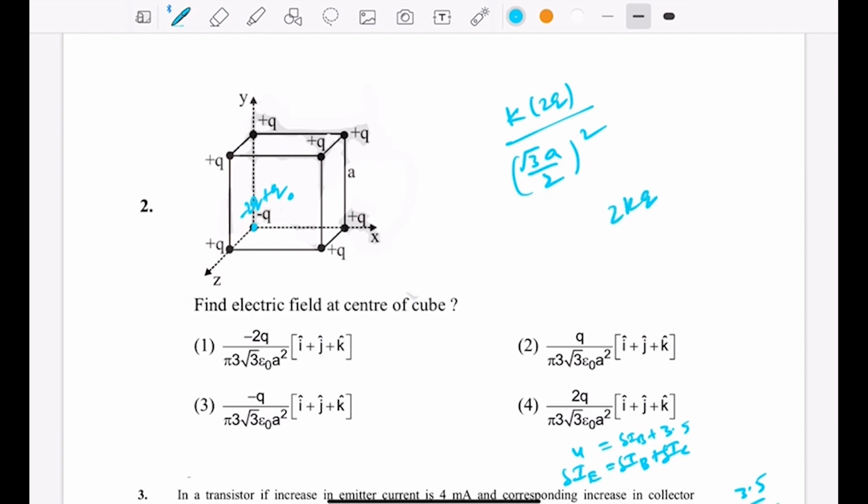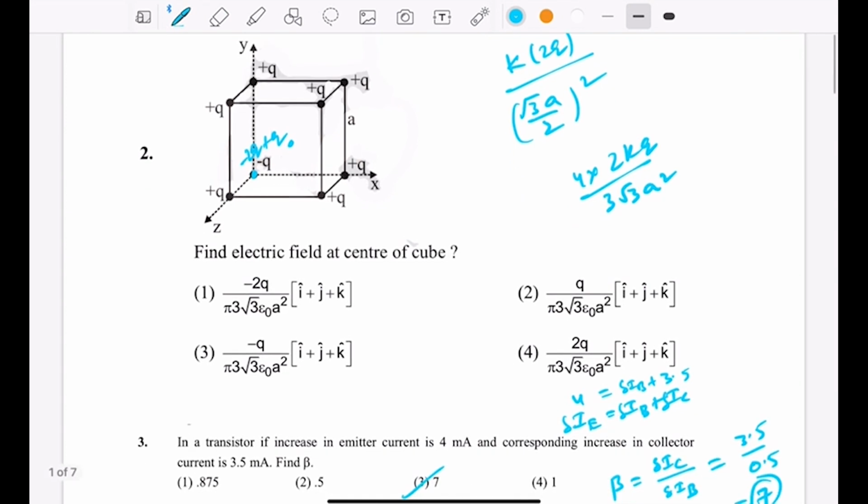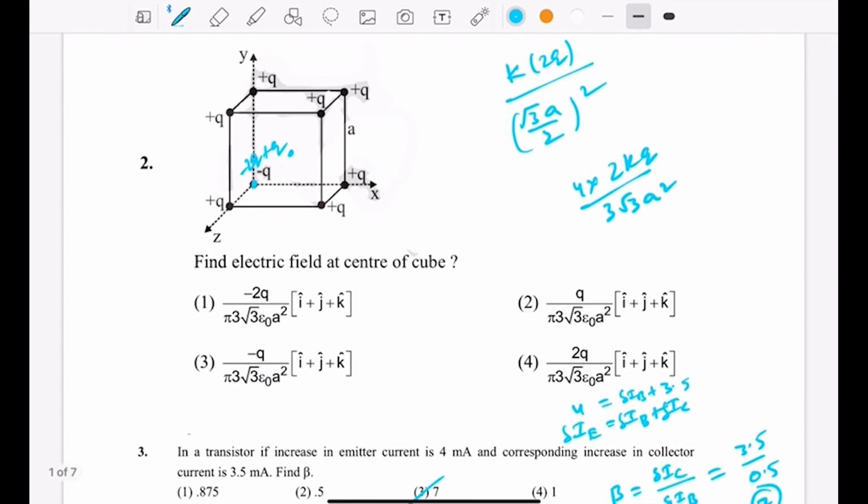Two k cube, 3 root 3a square. This is the electric field. What is happening? Okay, I have been given 1 by 4 pi epsilon naught. So this will be in which direction?